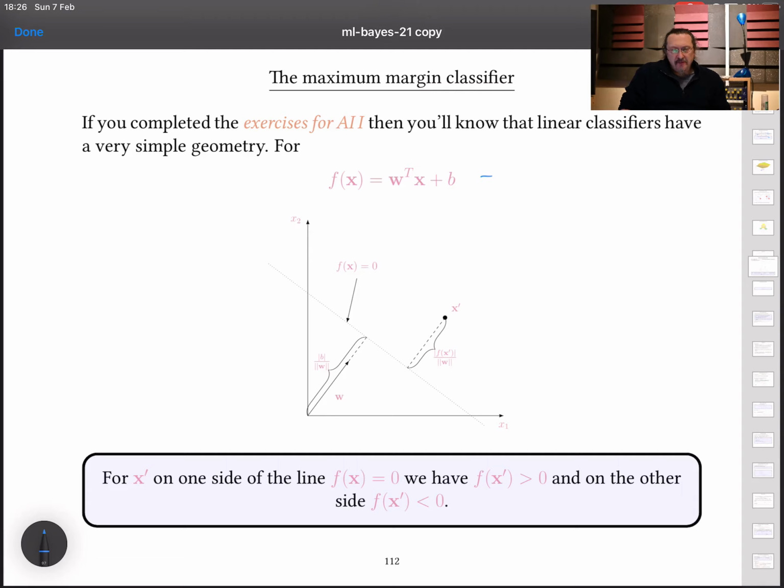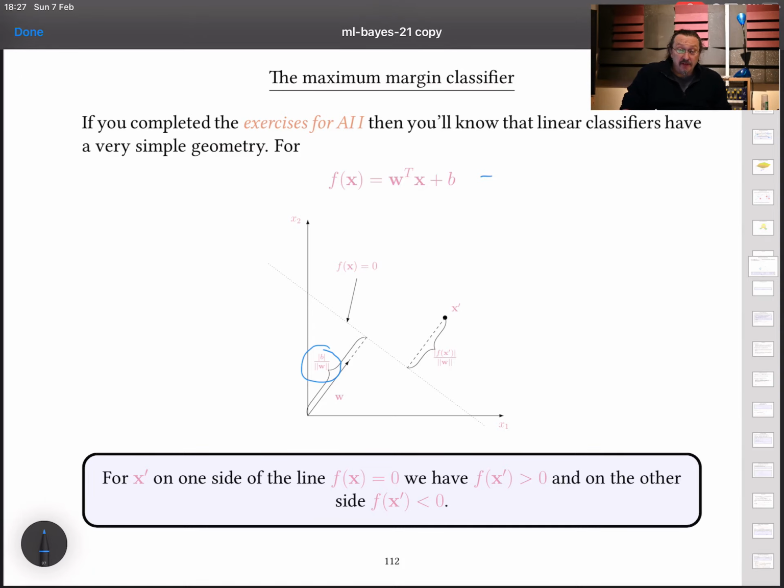The decision boundary then has a specific relationship to the weights in the vector w and the bias. The weights, as you can see here, are in a vector that is perpendicular to that decision boundary. The distance of the decision boundary from the origin depends both on the size of the bias and the length of the weight vector.